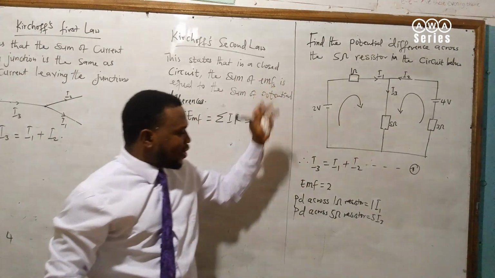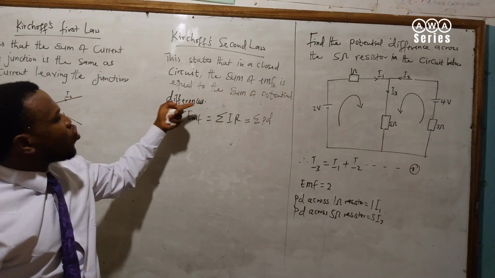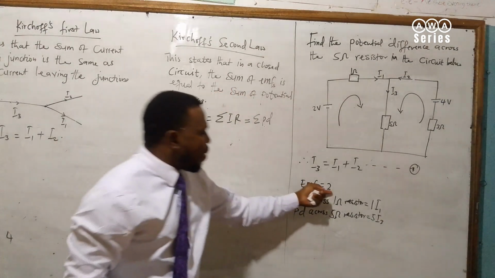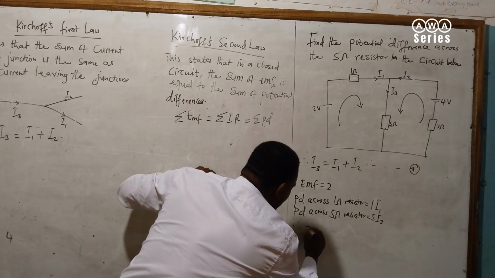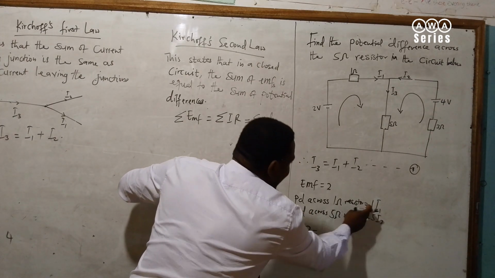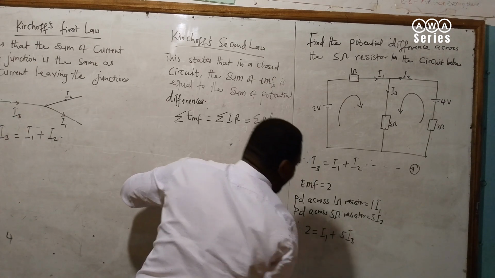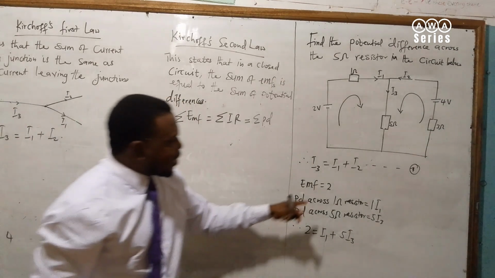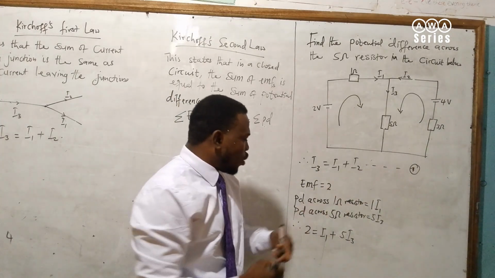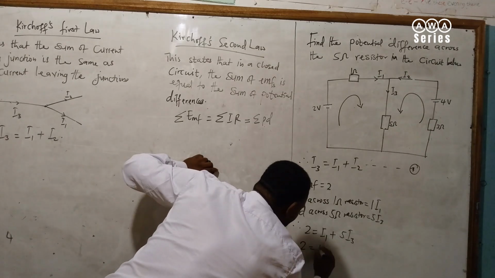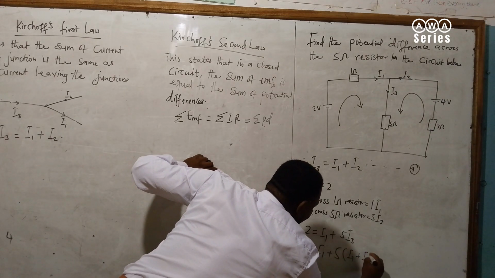So that loop is complete. Per the second law, the sum of the EMFs is equal to the sum of the potential differences. The EMF is 2, and the potential differences are 1 times I1, which is the same as I1, plus 5I3. But from the first law, I3 is I1 plus I2. So in the end, 2 is equal to I1 plus 5 times the bracket I1 plus I2.